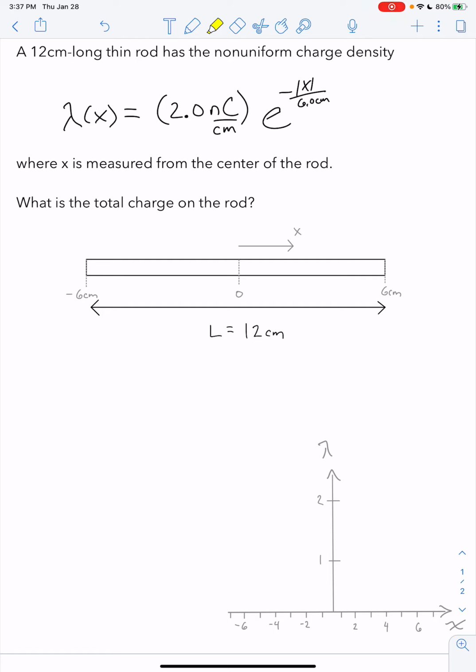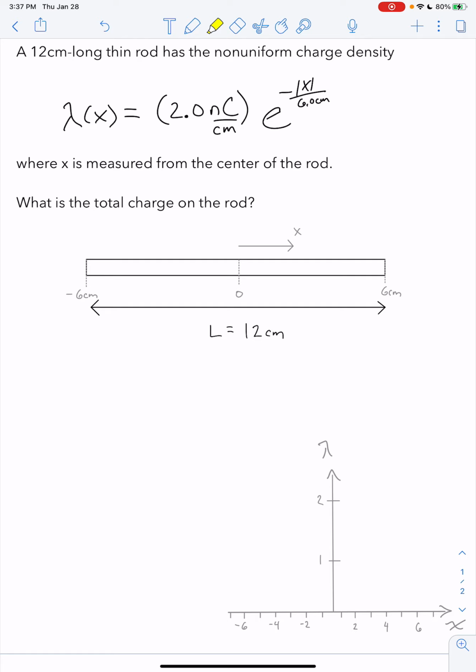Well, let's look at the equation. So our charge density is, well, this is just a number. So that's just a number times an exponential function. So right away we know that in x there is going to be an interesting decline.